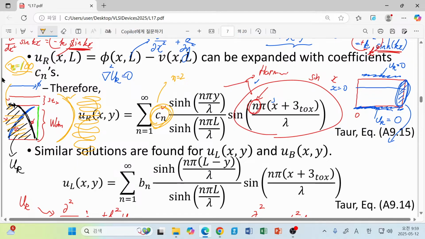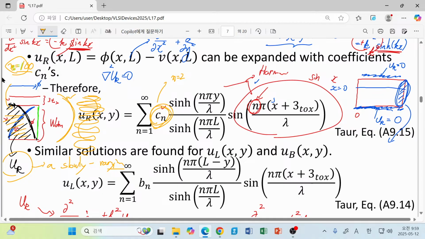This up and down cancel, up and down cancel. So simply speaking, this black curve, or the boundary condition for U sub R, is a slowly varying function. So higher order coefficients don't contribute to our solution.